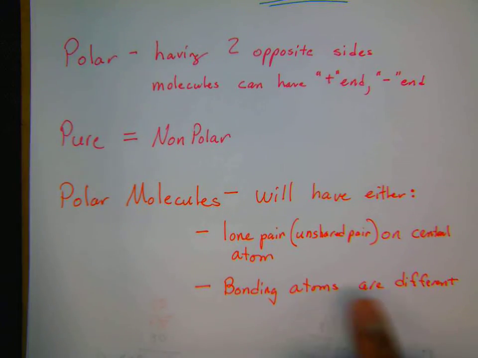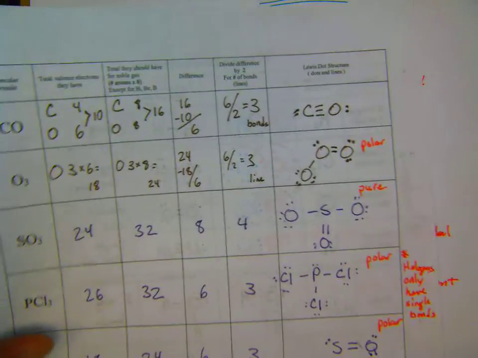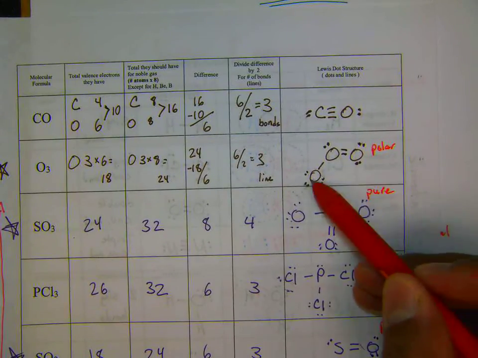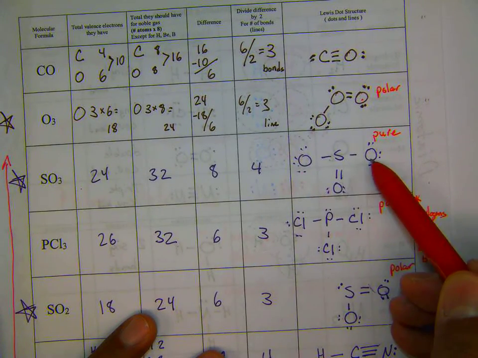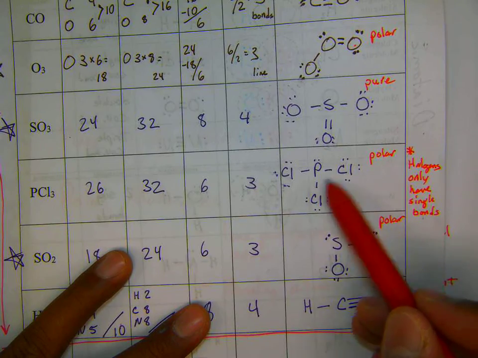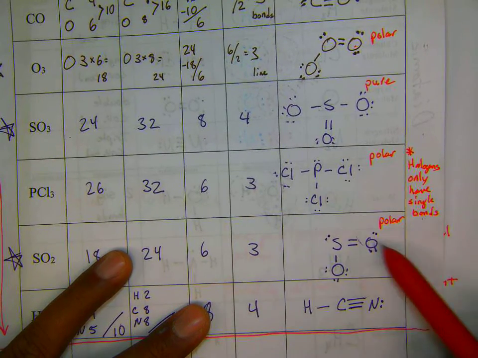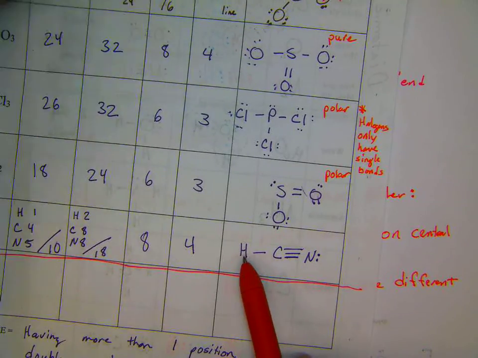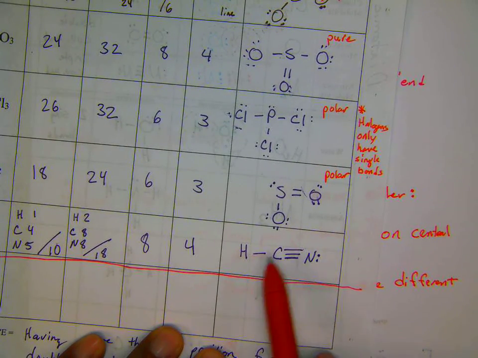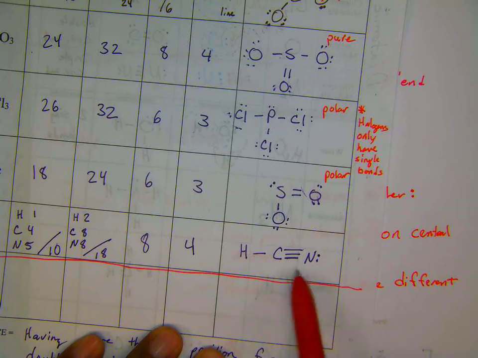If the bonding atoms are different, then it's going to be polar. A bonding atom would be like these two oxygens. See these two oxygens? They're the same. Oxygen, oxygen, oxygen. Bonding atoms are the same. Chlorine, chlorine, chlorine. Bonding atoms are the same. Oxygen, oxygen. The same. Hydrogen and nitrogen, they're two different atoms. That's the different bonding atoms.